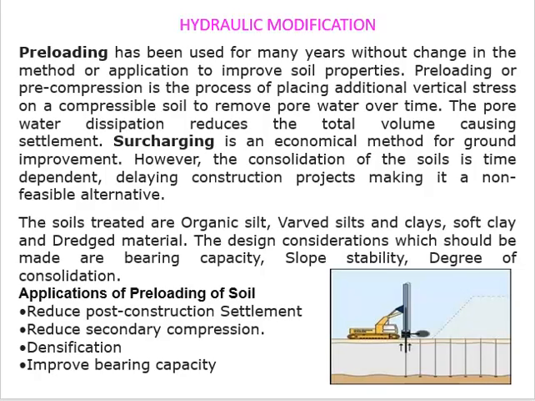Due to this acceleration in the consolidation process, the saturated soil will be subjected to settle before the construction, and the settlement after the construction will be less. This method can be used for dredged material also to improve the slope stability and bearing capacity of this dredged material.